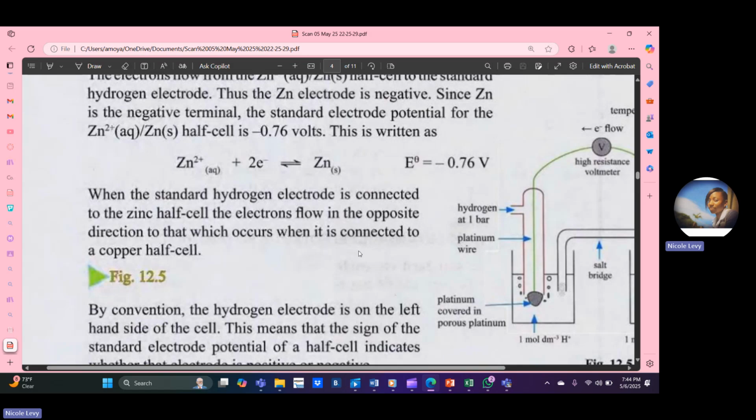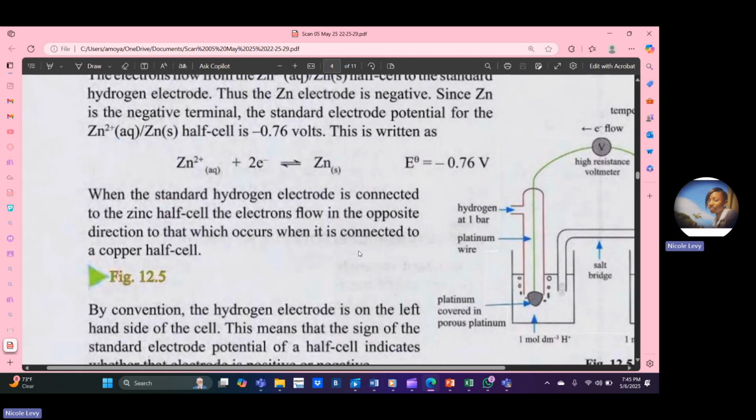So when the standard hydrogen electrode is connected to the zinc half cell, the electrons flow in the opposite direction to that which occurs when it's connected to the copper half cell. So what that is saying is that for the copper half cell, copper is not going to give up electrons to the standard hydrogen electrode, otherwise called SHE, right?